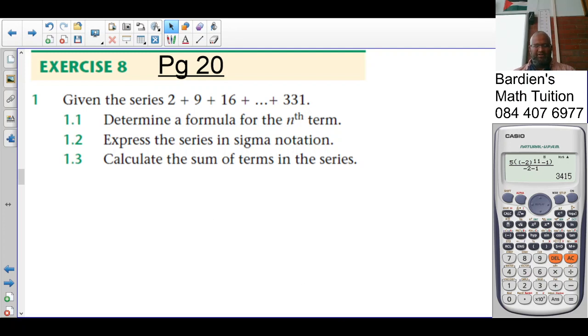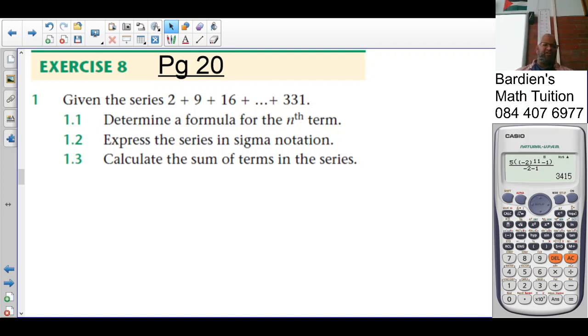Alright, so for homework I want you guys to do number 2 and 3. Part of your homework for tomorrow's lesson, since I'm not here. I've already given you from the revision exercise number 1 to 4, no? I want you guys to do number 5 to 8, and that is for Thursday.